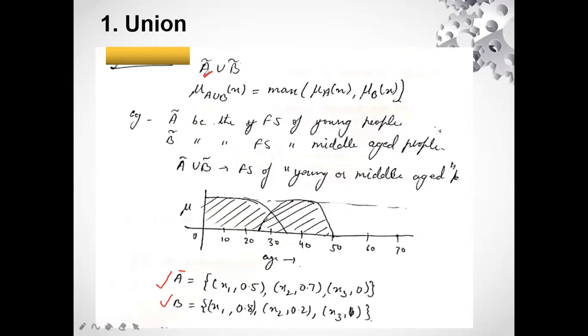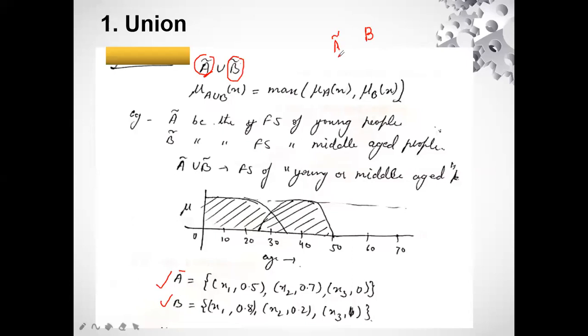This A with the curvy bar represents the fuzzy set A. When we talk about B with the curvy bar above, it is represented as the fuzzy set B. When we talk about crisp sets, they were represented simply as A, B, but to discriminate between the crisp set and the fuzzy set, we have a curvy bar over it.